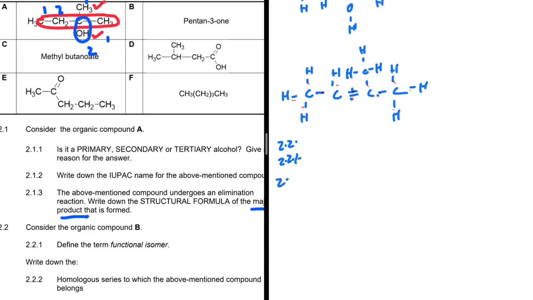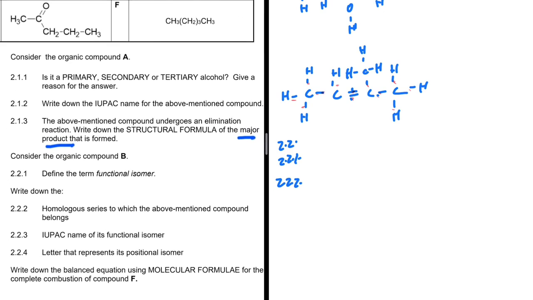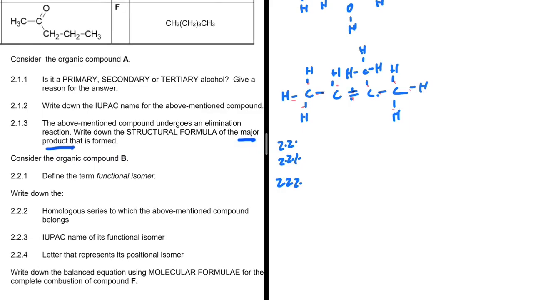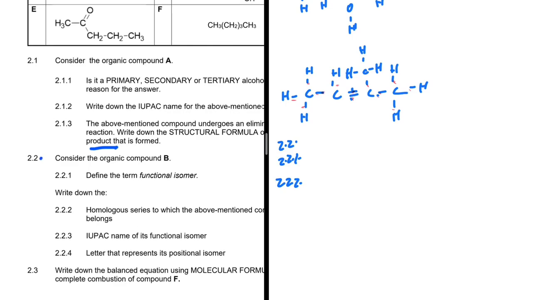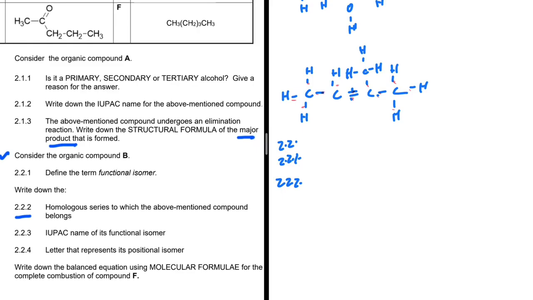And then 2.2.2, I'm expecting that the question is going to have something to do with isomers. Write down the homologous series to which the above mentioned compound belongs. Compound B. I was starting to ask myself which compound, but it is compound B that we are referring to.